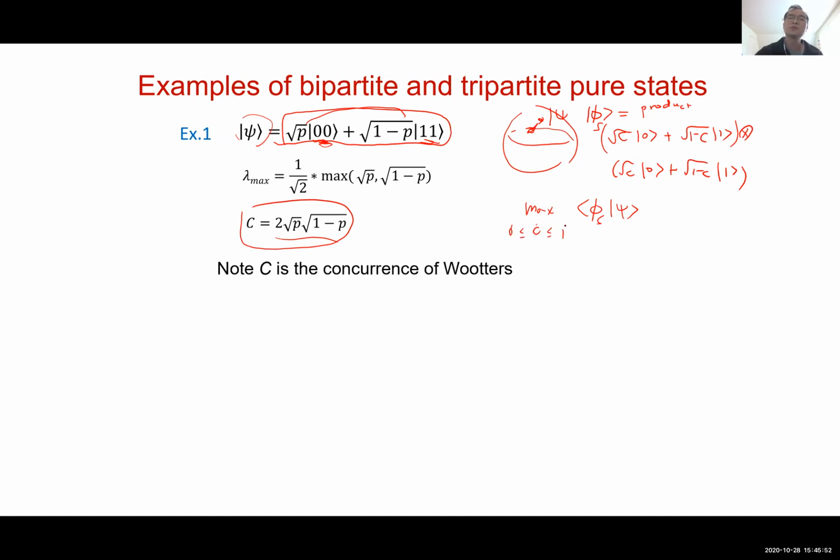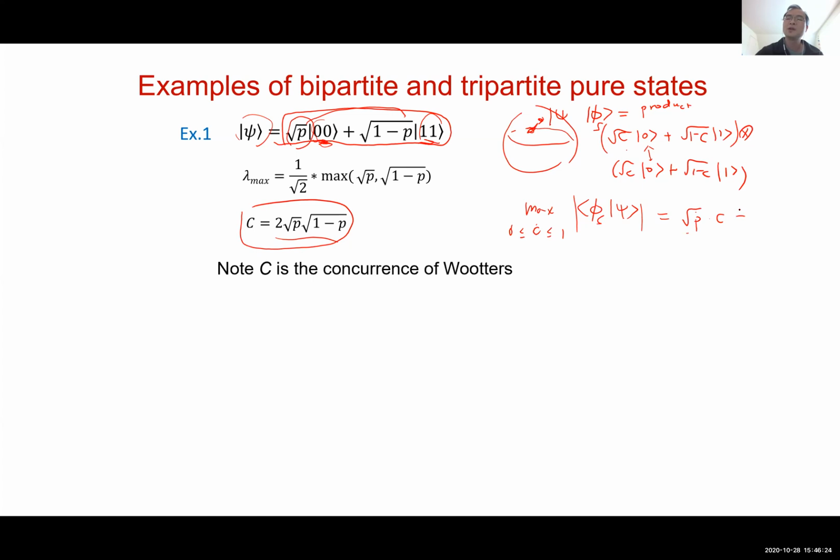I should put absolute value, but they are real and positive, so I don't need to do that. You can see that the contribution would only come from 0,0 and 1,1. The only place it has 0,0 is this combination that has coefficient square root c times square root c, and the coefficient of p, square root p.